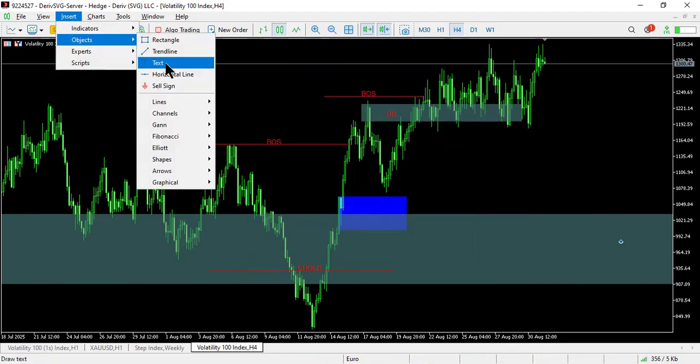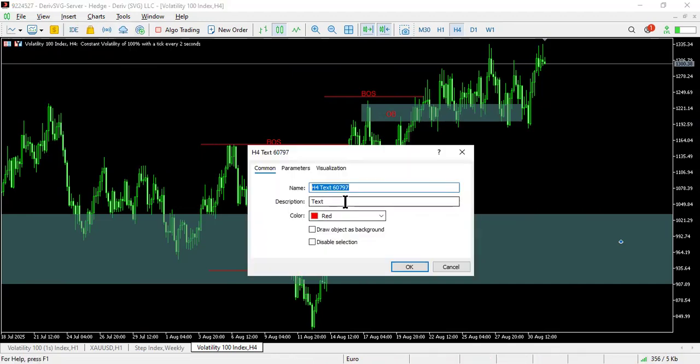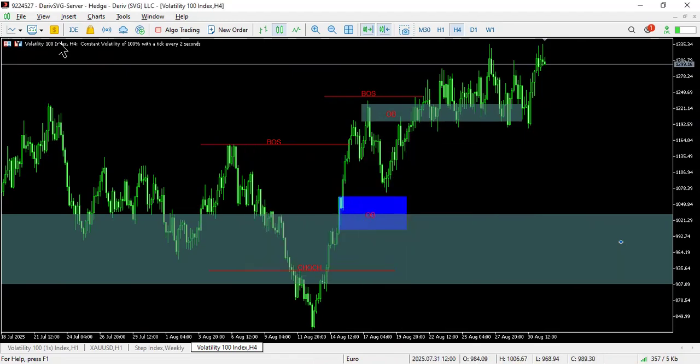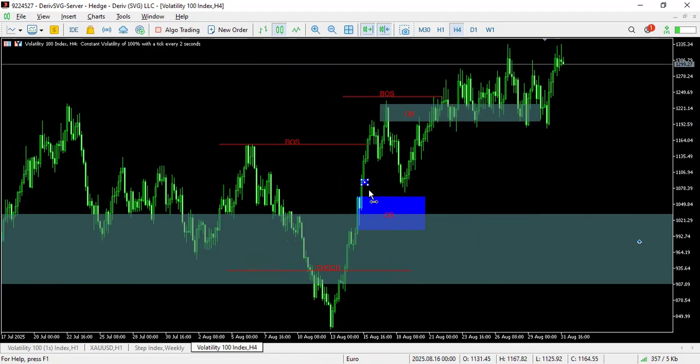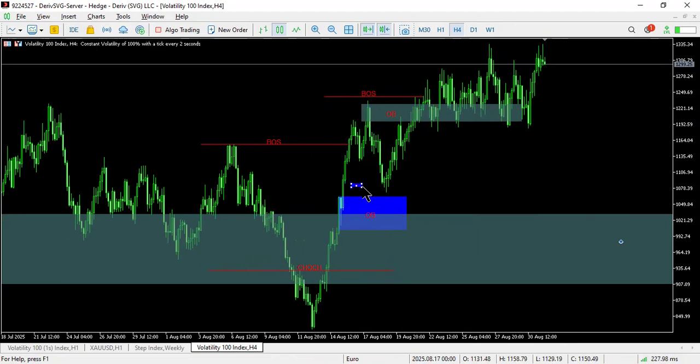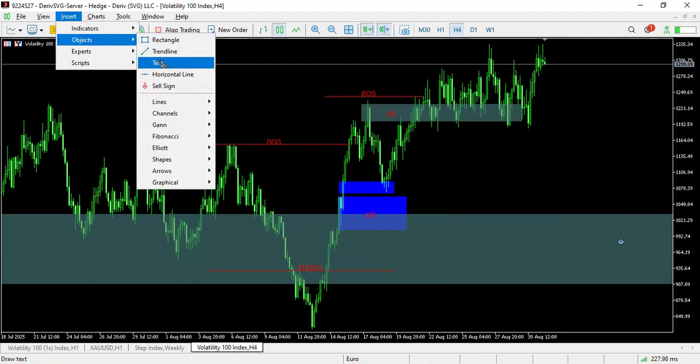That was our order block. However, price did not react from the order block, it reacted off the FVG, the fair value gap. Price reacted off the fair value gap.